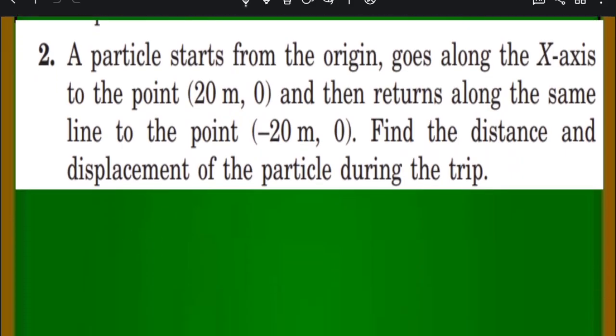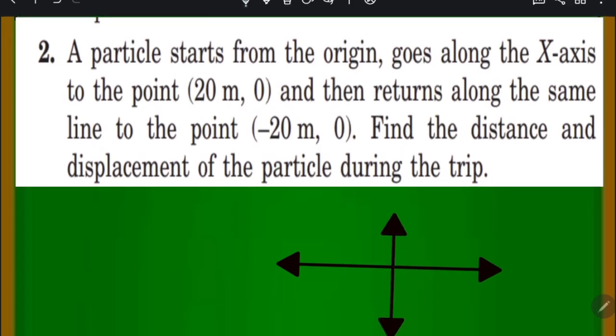A particle starts from the origin along the x-axis. This is our origin. This is our x-axis.